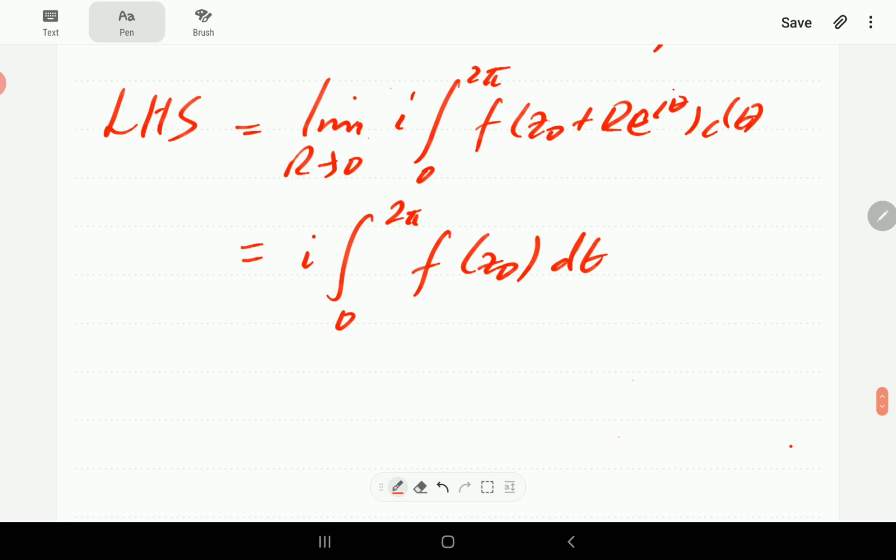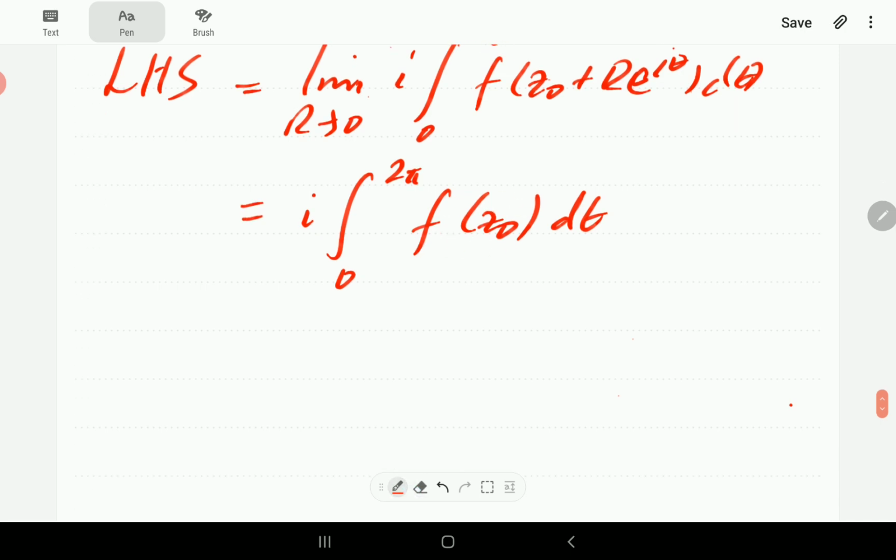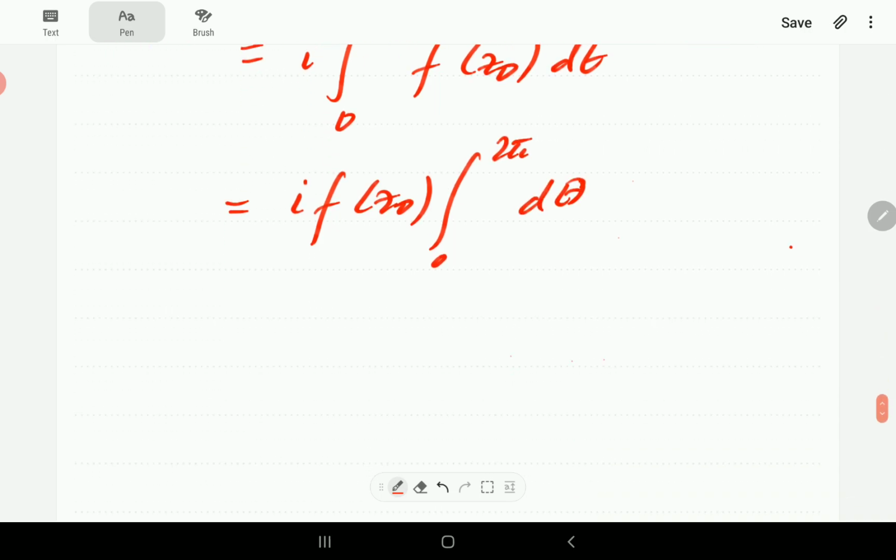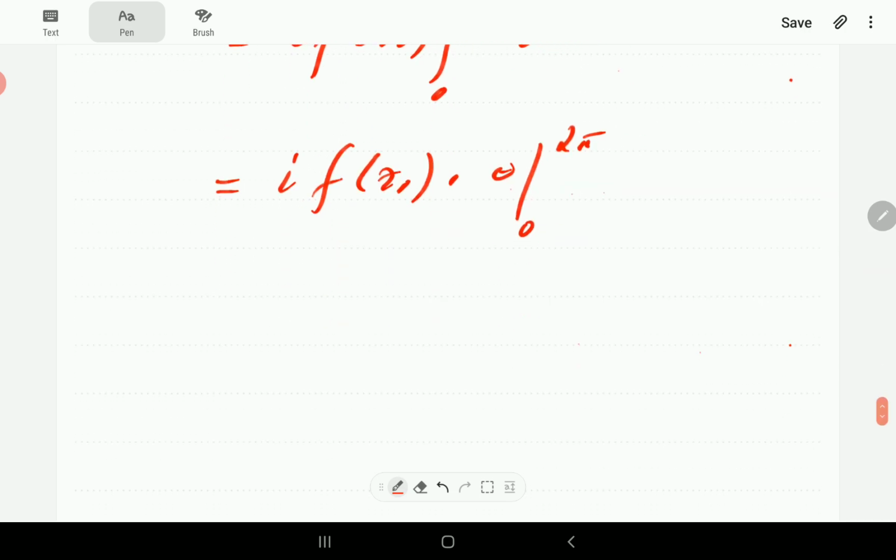Since this does not depend on theta, we can factor it outside the integration. So it's just f of z0 times i times theta evaluated between 0 and 2 pi.